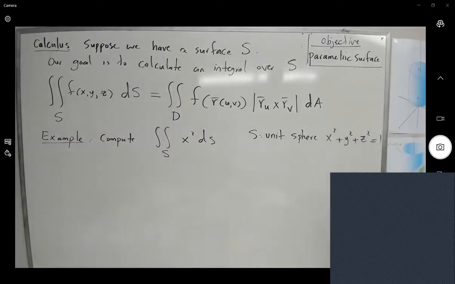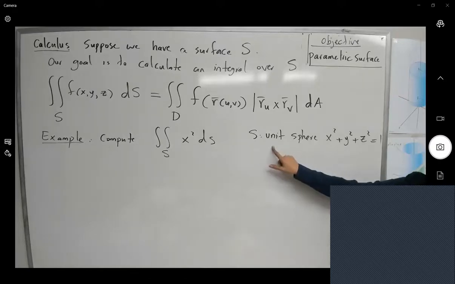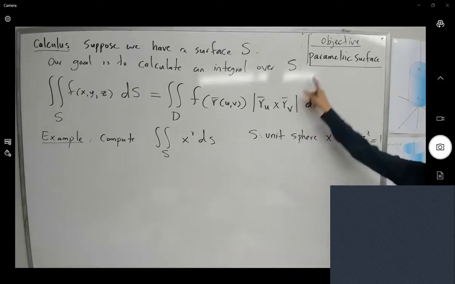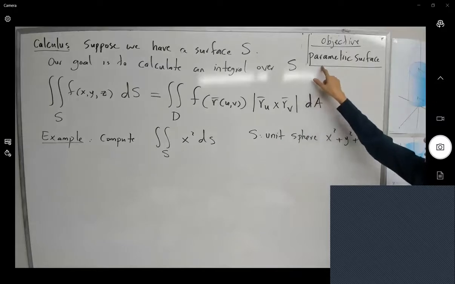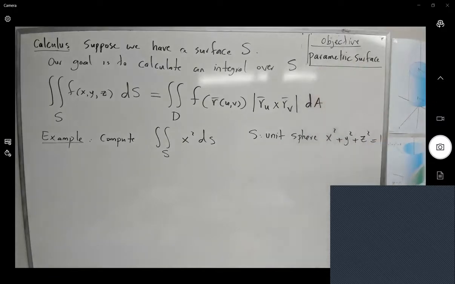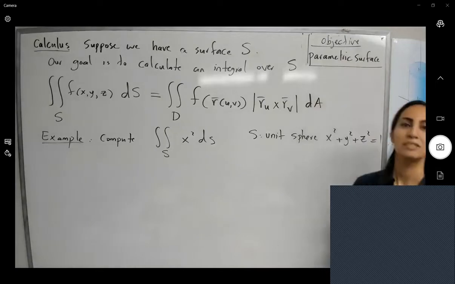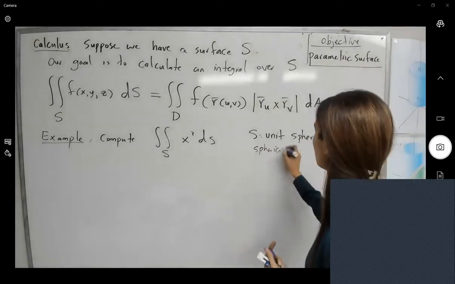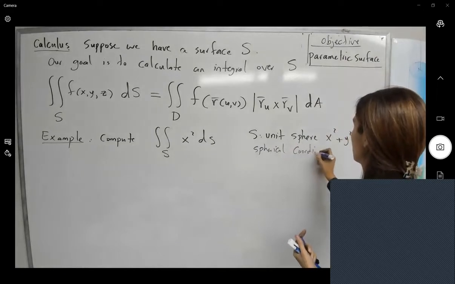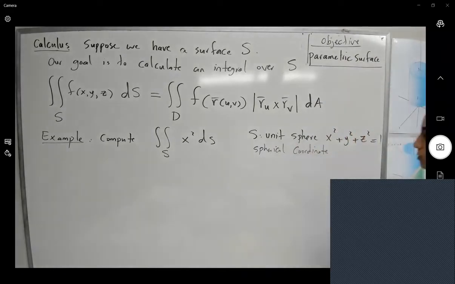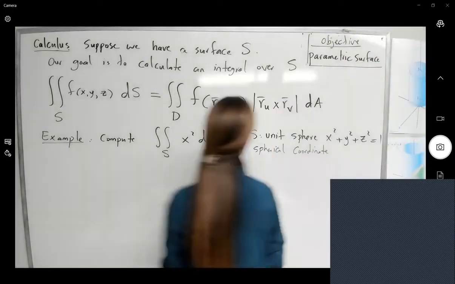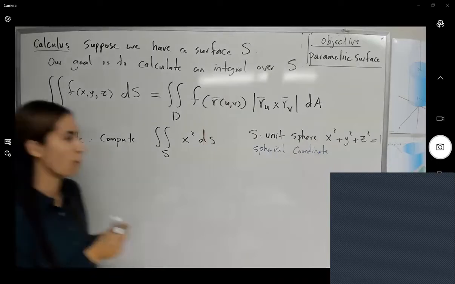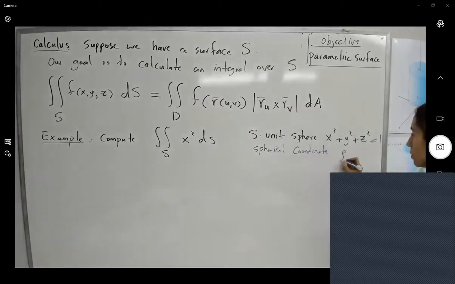The very first thing that we should be asking is, how do we convert the unit sphere into a parametric surface? Going back to what we learned before, spherical coordinates, using rho, phi, theta. Note that rho is equal to 1 here, so we are not really worried about rho.